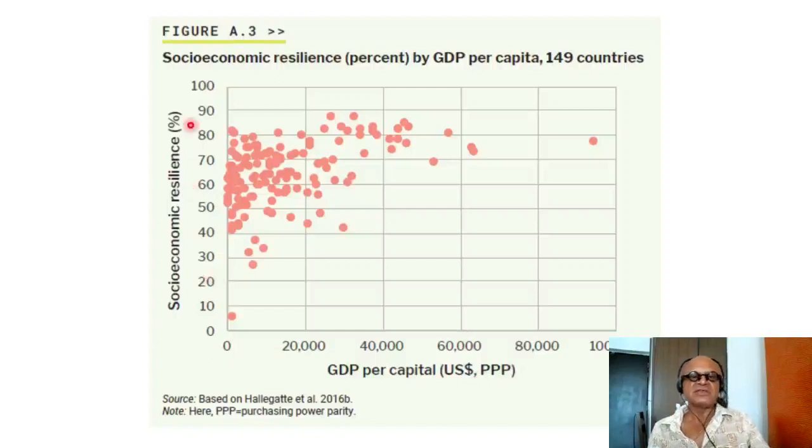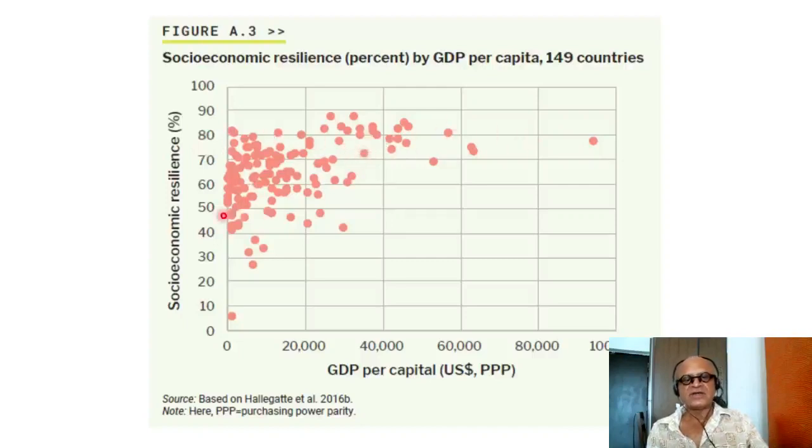Socioeconomic resilience in percentage. So you can see that when GDP per capita is low, you have a large range of socioeconomic resilience, and as the income increases, there are some exceptional cases here which include very rich countries like the US, for example. The socioeconomic resilience also changes.